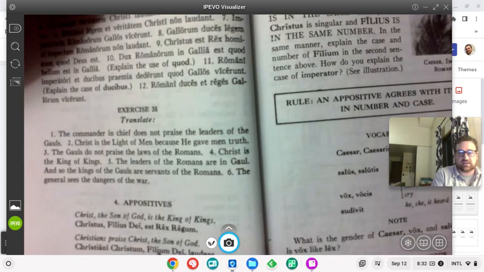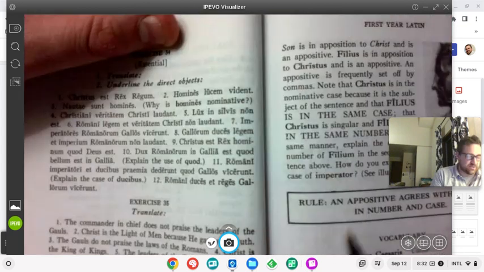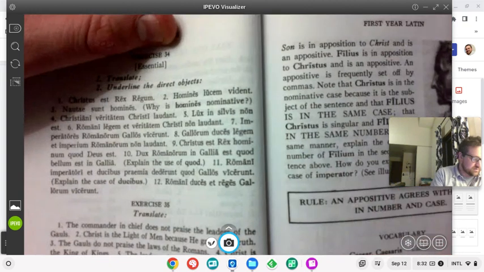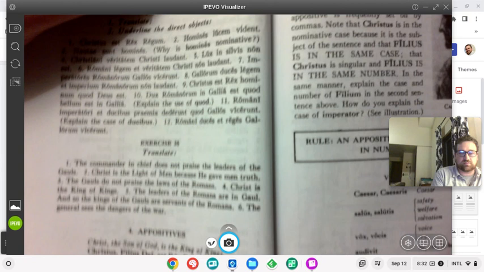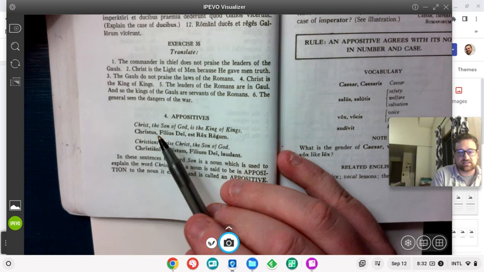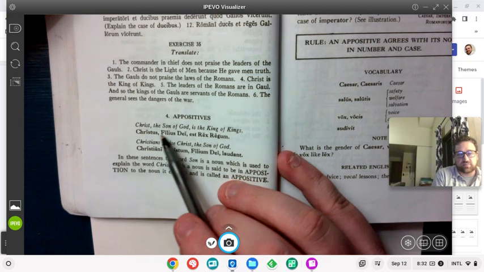So just like son is in apposition to Christ, the word filius, which means son, is in apposition to Christus in the first one. And so we should be noticing something here. The word filius is in apposition to Christus because the word son is in apposition to Christ. And we should notice something when it's in Latin. They're both in the nominative case.